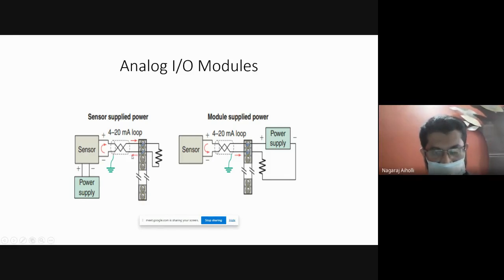You can see the arrow mark going in the opposite direction, and then to the negative terminal of the sensor. Whatever is sent back from this input circuitry is called the feedback signal.